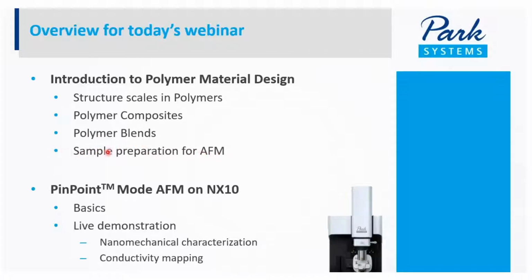And then finally, I will also talk a bit about sample preparation for AFM. During these two points, I will show you some examples of how AFM can be used for characterizing the polymer and why AFM, basically, as well.